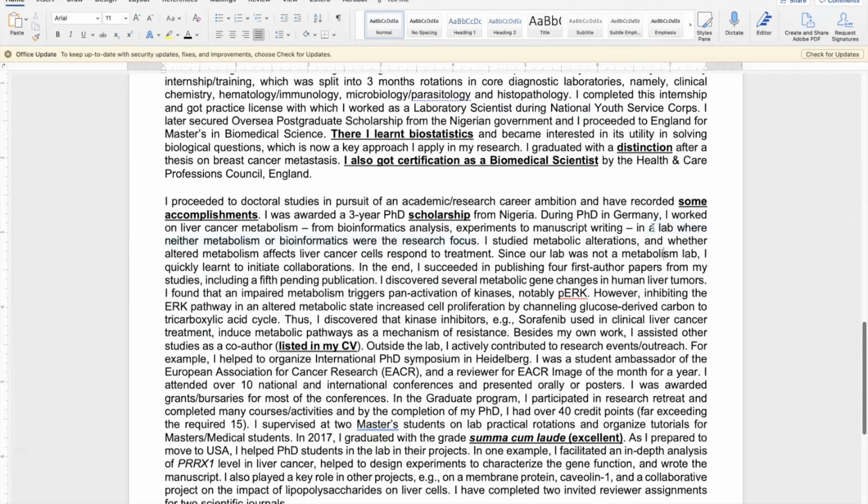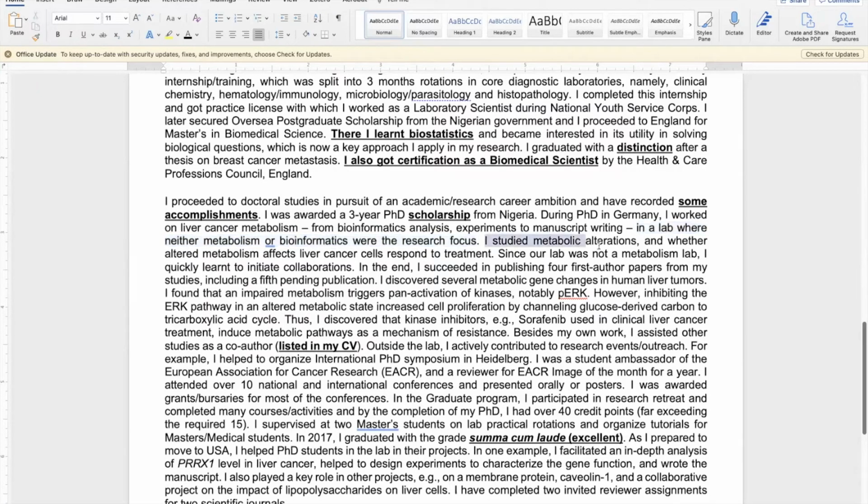Right, the lab I worked in during my PhD time wasn't necessarily a metabolism lab, nor was it a bioinformatics lab. You will see the reason why I mentioned this later on, because I wanted to use it to emphasize that I initiated collaboration and that I was able to look outside the lab to solve problems.